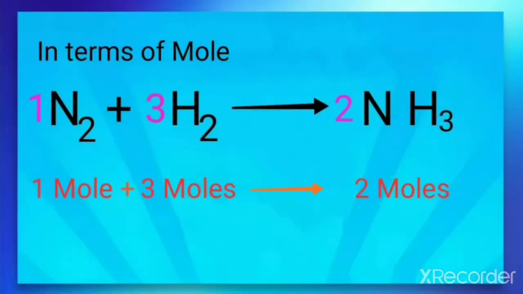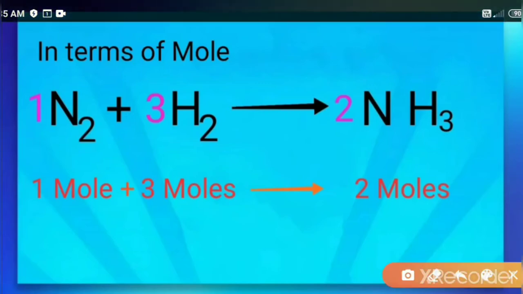There are different ways of defining a chemical equation. Let us define the chemical equation in terms of moles. This equation can be defined in this way: 1 mole of nitrogen reacts with 3 moles of hydrogen to give rise to 2 moles of ammonia.